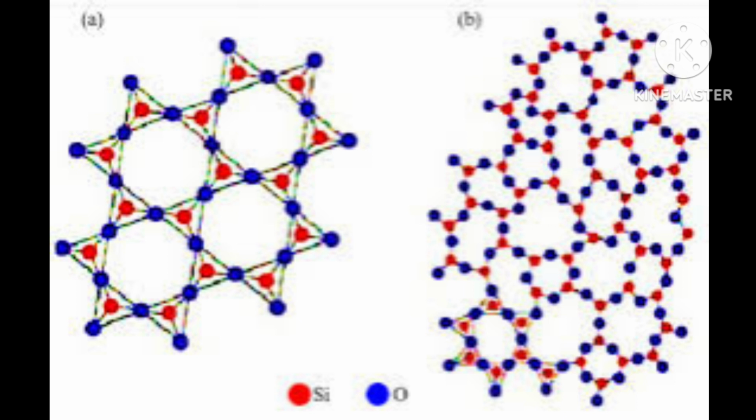Last class I had discussed classification of crystalline solids. In that I have discussed molecular solids: non-polar molecular solids, polar molecular solids, hydrogen bonded molecular solids, and also ionic solids and metallic solids.